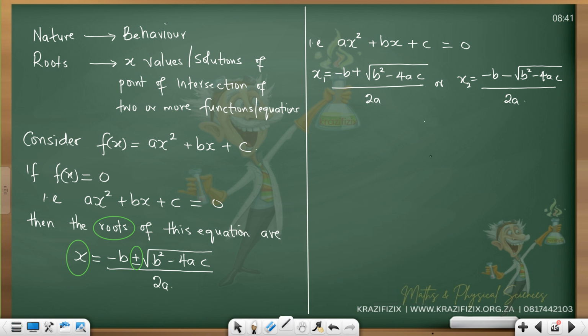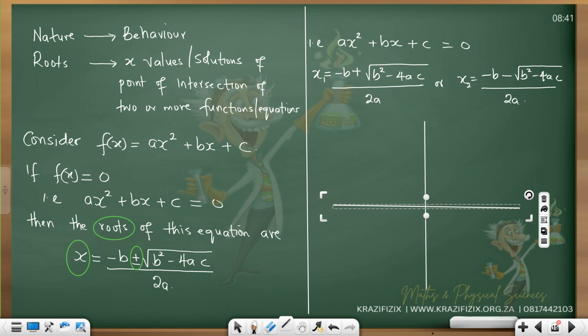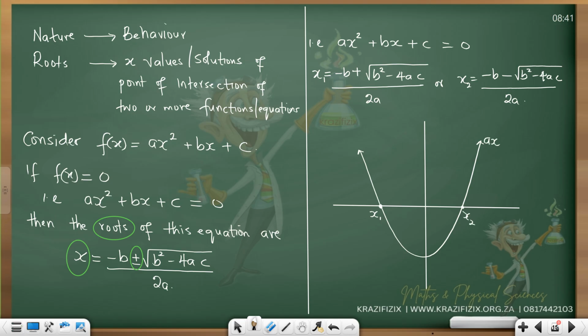And just to quickly put a graph for us, I'm not going to really deal with much of functions today. Here are x1 and x2, and this is ax squared plus bx plus c. And this one here, y is equal to 0.